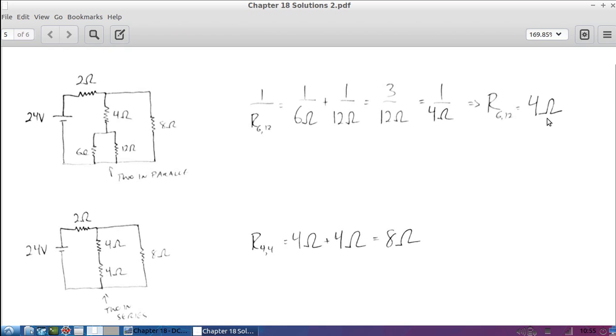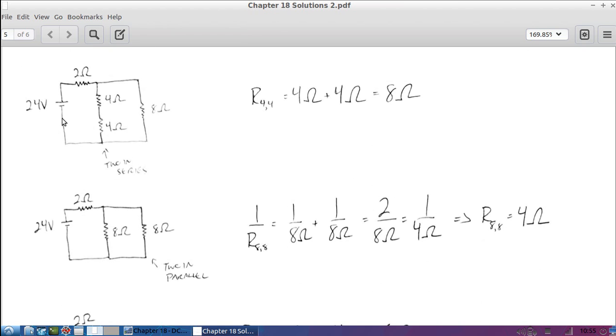The equivalent resistance of the 6 and the 12 is 4 ohms. So I redraw my circuit, combine the 6 and the 12, redraw it as a 4 ohm resistor. Now, as I said at the beginning, we've got two 4 ohm resistors in series. So I get to do the easy addition, 4 plus 4, that's 8 ohms.